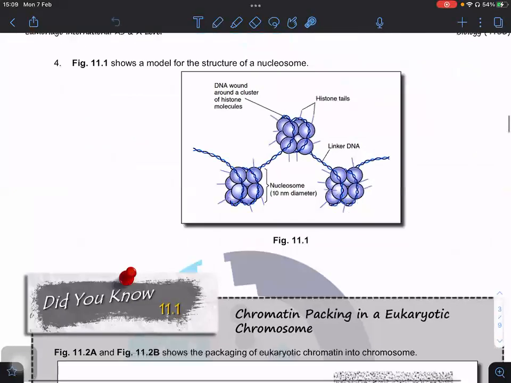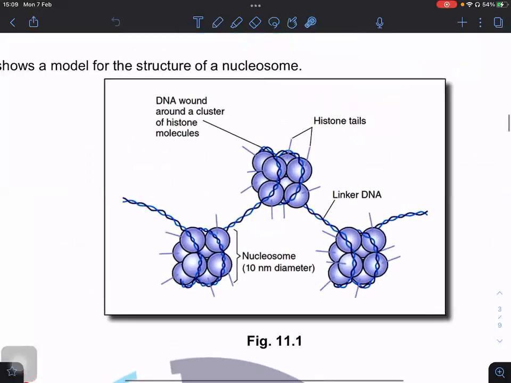So look at this, guys. You can see in this diagram we have 1, 2, 3, 4, 5, 6, 7, 8. So 8 histone proteins join together, and you can see our DNA wraps around. Okay, can you see that? It wraps around, then continues to wrap around another histone, and continues to form what we call the nucleosome.